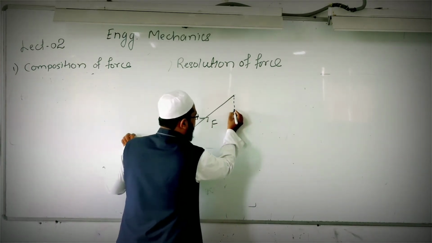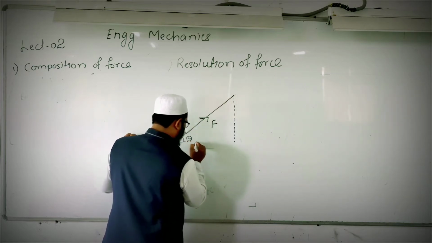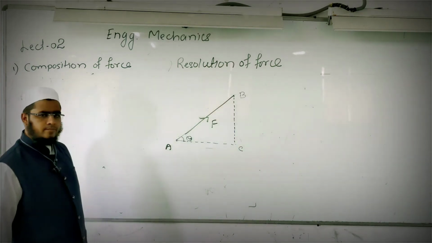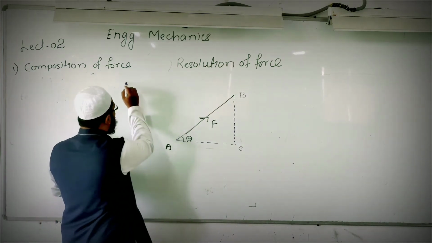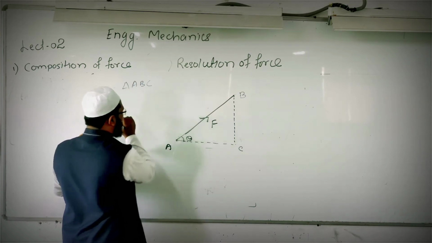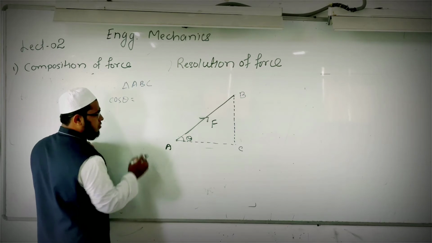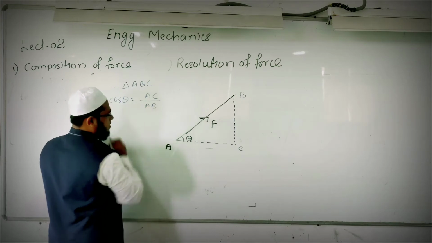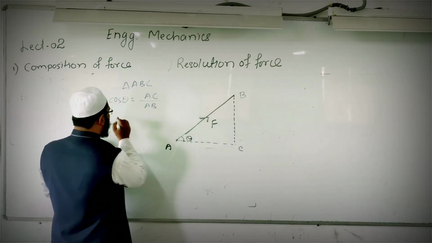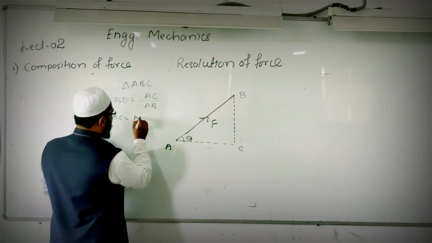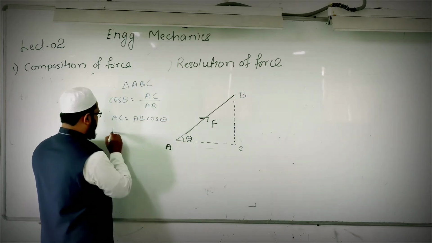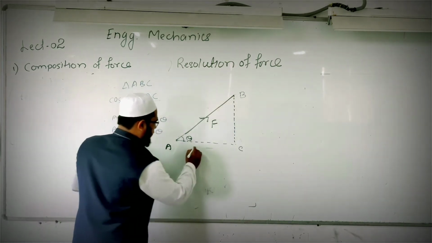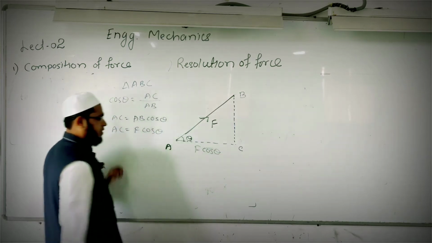To split it into its components, I will make a triangle A, B and C. Now listen here, in triangle ABC, cos theta equal to AC divided by AB, and AB is force F. Therefore, AC equal to AB cos of theta. Therefore, AC equal to F cos of theta.